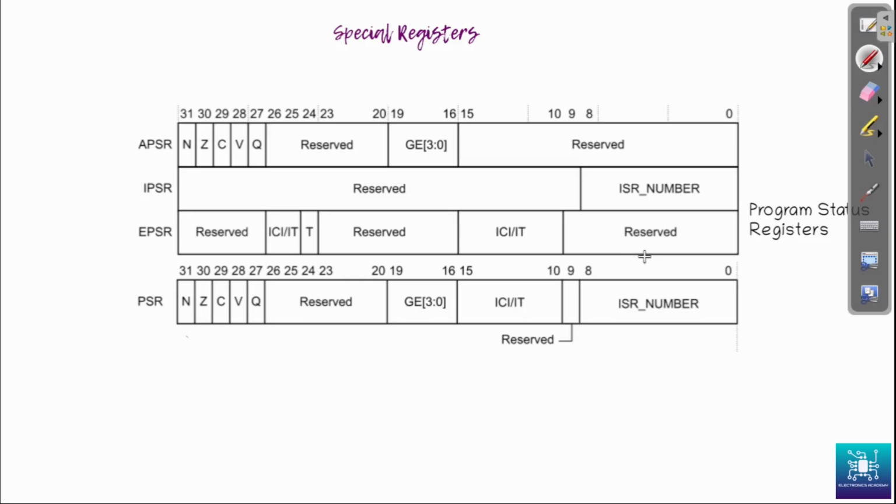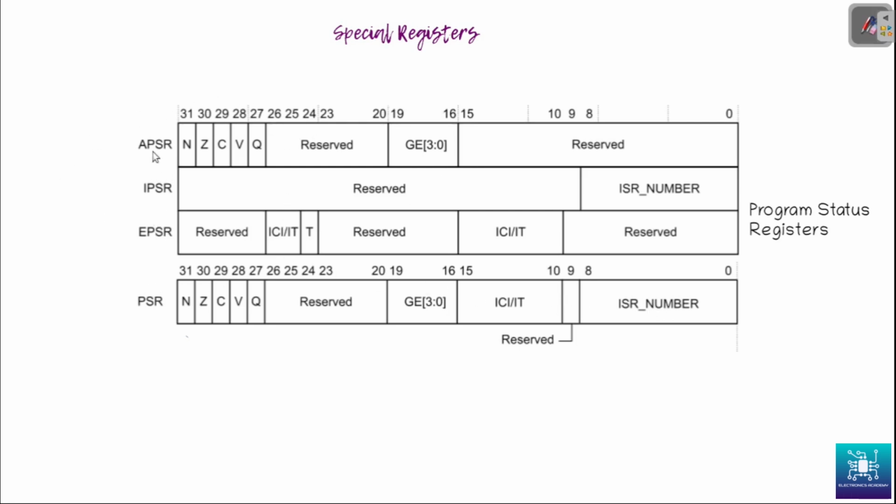Now, there are some special registers, again common to all Cortex-M4 cores. That is, you have APSR, IPSR, and EPSR, different registers, and these registers can be combined and used.